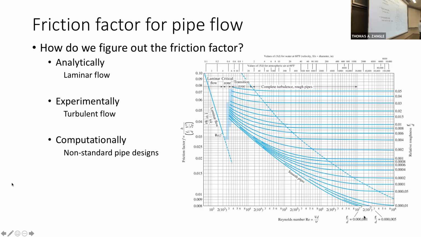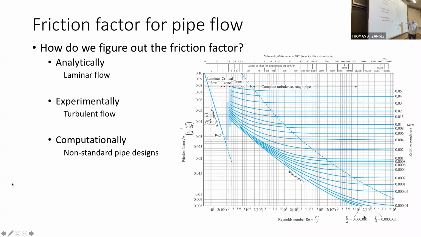For turbulent flow, what we'll see is that the things that we're learning will pretty much just apply for non-circular pipes. We just have to make a little adjustment to how we compute the diameter D. For laminar flow, the solution that we're going to go through today is for a circular pipe only, and it doesn't really hold. There's some substantial error if you try to use it for a square pipe or a rectangular pipe. Yeah.